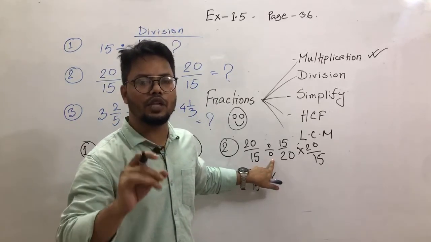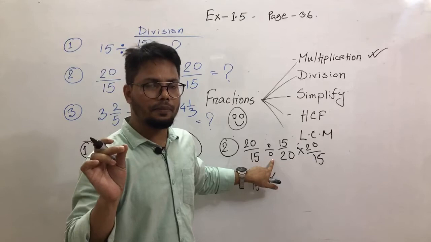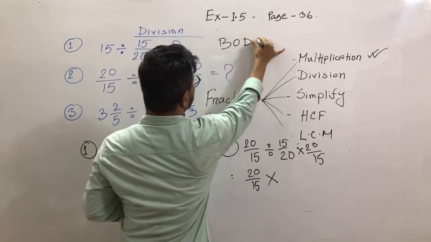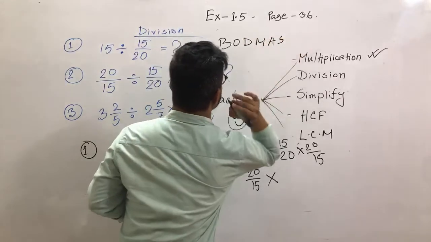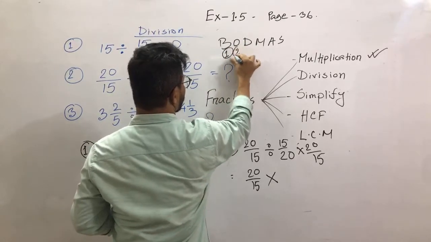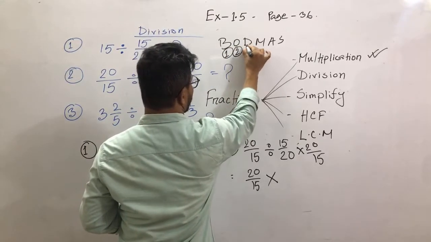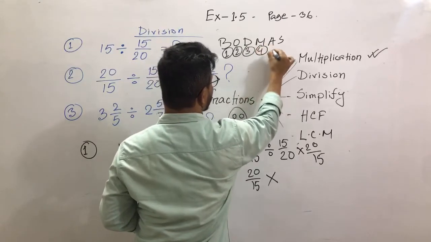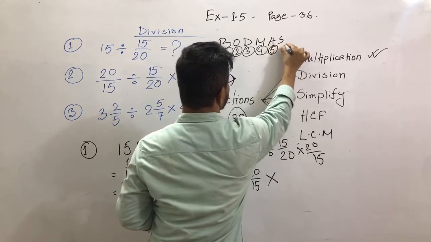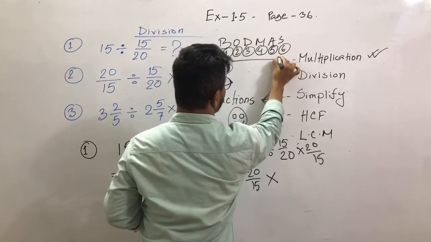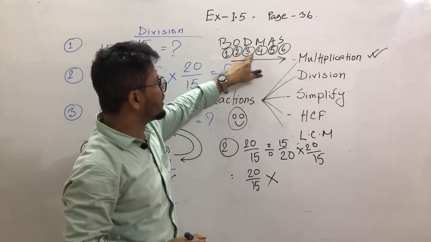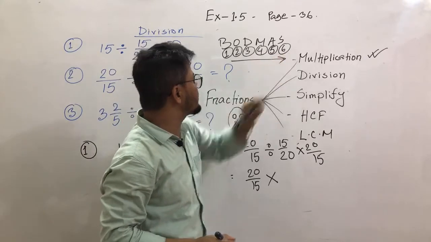We all know the formula of BODMAS: bracket, of, divide, multiplication, addition, then subtraction. This is the working method of simplification.